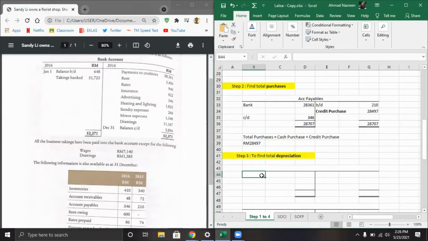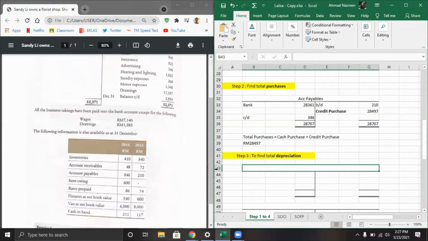Okay, so the next one is we need to find the total depreciation. So Aisha, how are we going to do it? So my name is Aisha and I will explain how to find the total depreciation. Firstly, we need to find out which ones are non-current assets.